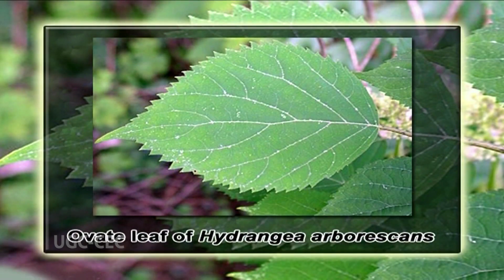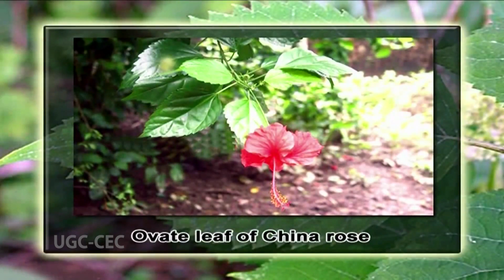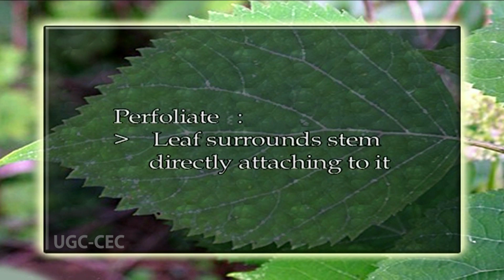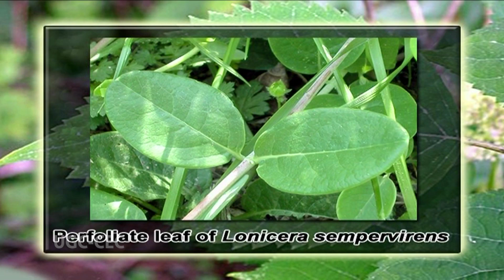For example, Hydrangea arborescens or China rose. Next is perfoliate, that's leaf surrounds stem directly attaching to it. Stem appears to go through the center of leaf. There is no petiole. For example, in trumpet honeysuckle, that's Lonicera sempervirens.